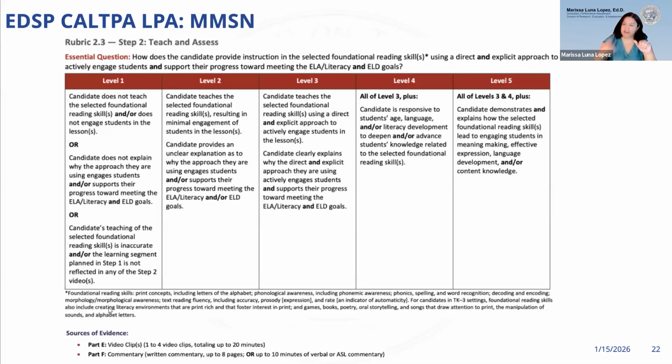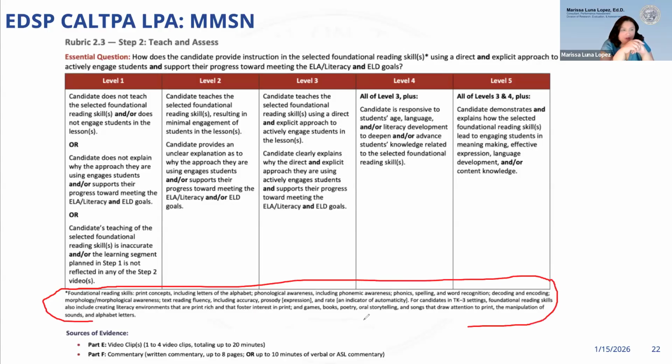And then they have to look into it. No, no, no, we don't want to do that. These are the items, and assessors appreciate having things right there on the rubrics as well, so they're not flipping through materials. But print concepts, letters of the alphabet, phonological awareness, all of these pieces, those are those foundational reading skills that assessors are looking for when they're checking out that first construct.